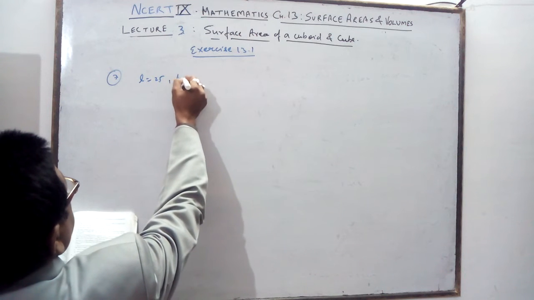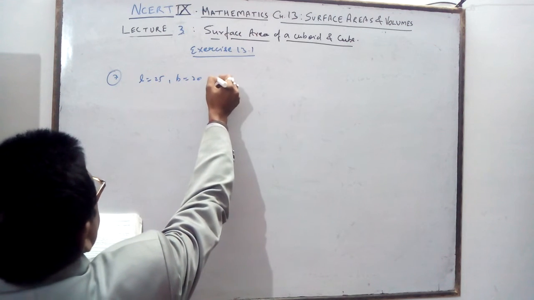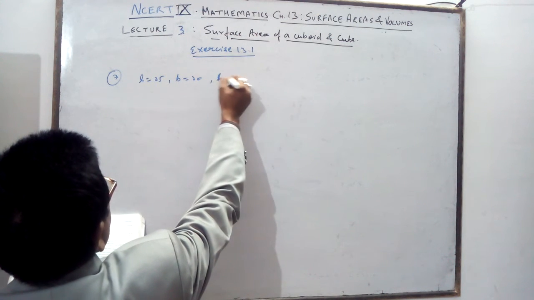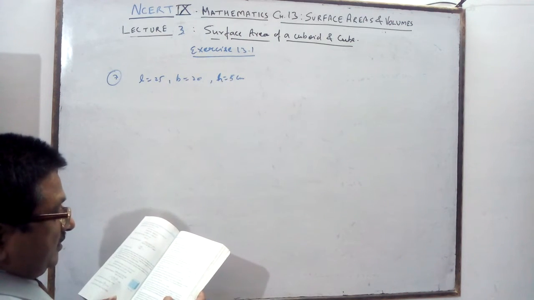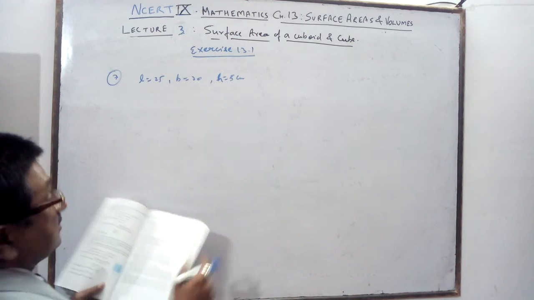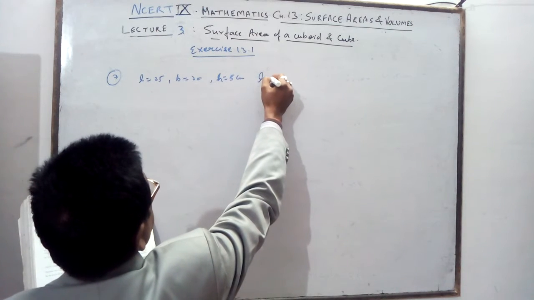25, 20 and 5. One box is this, which is the larger size. Another is smaller.